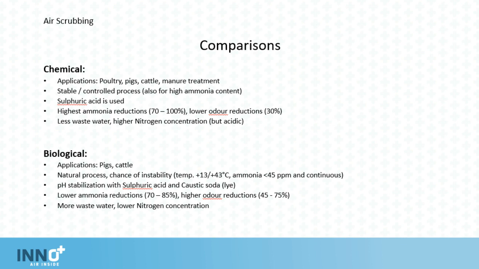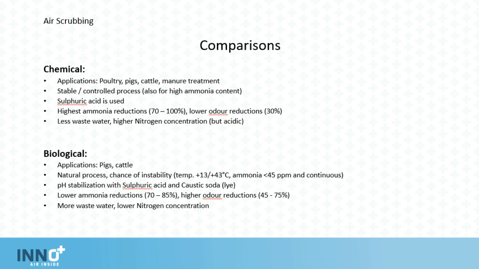Biological processes, the applications are mainly pig and cattle. It's a natural process. There's a chance of instability. As you can see on the first slide, the temperature is important, but also the ammonia should be below 45 ppm and continuous. That means manure treatment, which often has higher levels, will kill off the bacteria.